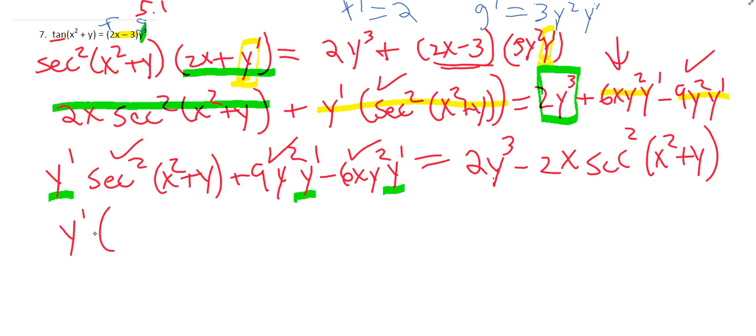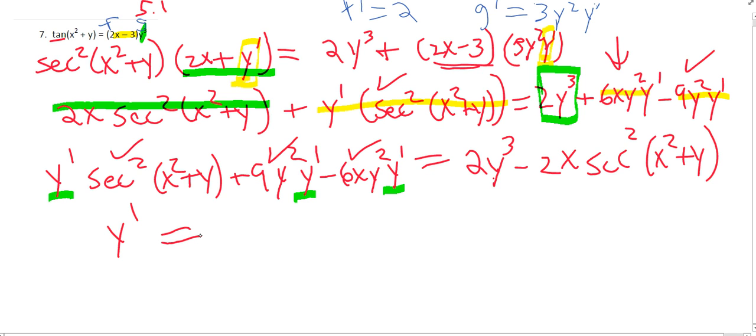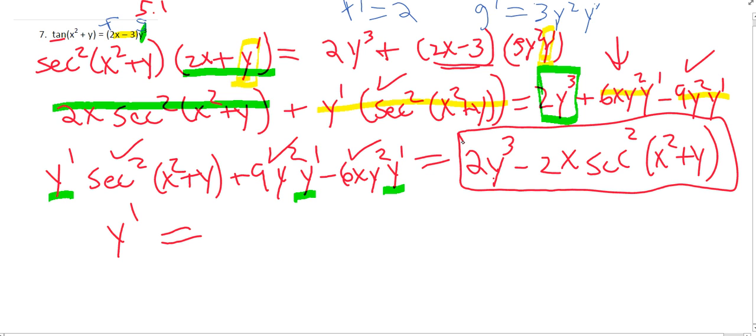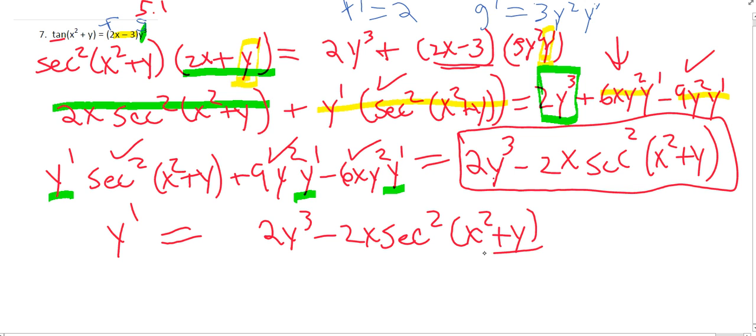So in order to save a little bit of time and space, I'm going to just rewrite the solution right here and see if we need to clean it up a little bit. So this entire right hand side is going to end up being our numerator, and we would have 2y cubed minus 2x secant squared, and the angle is x squared plus y.